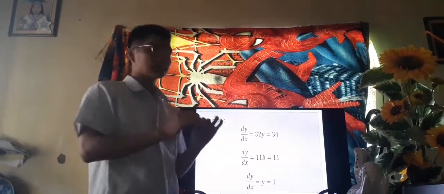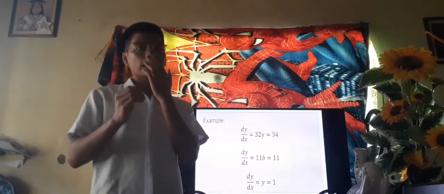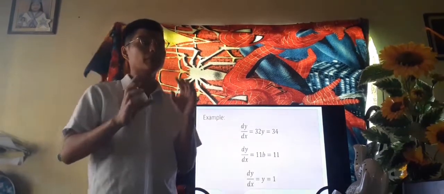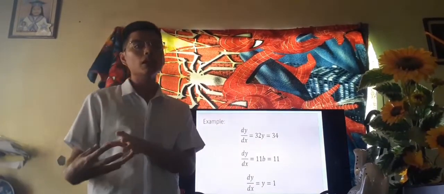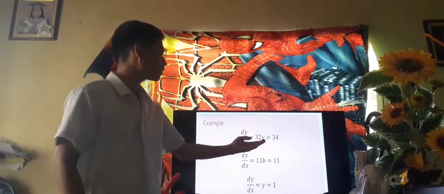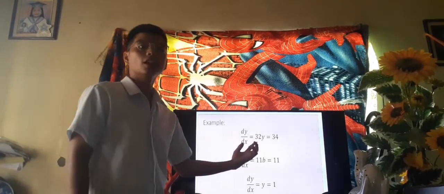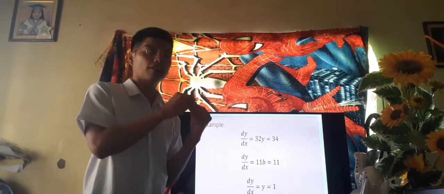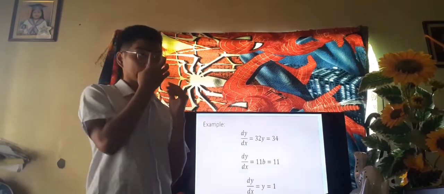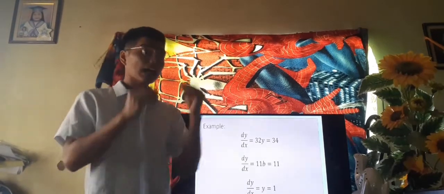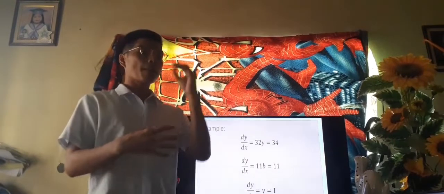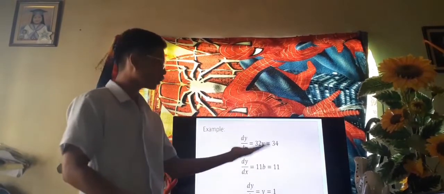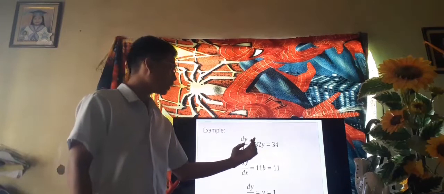Kung makikita nyo guys, sa rule number 3, pag ang ating term is pinagsama natin yung constant at variable, ang magiging derivative niya is yung ating constant. Ulitin ko. Pag magkasama ng ating constant at variable, ang magiging derivative ng ating term is yung kanyang constant.